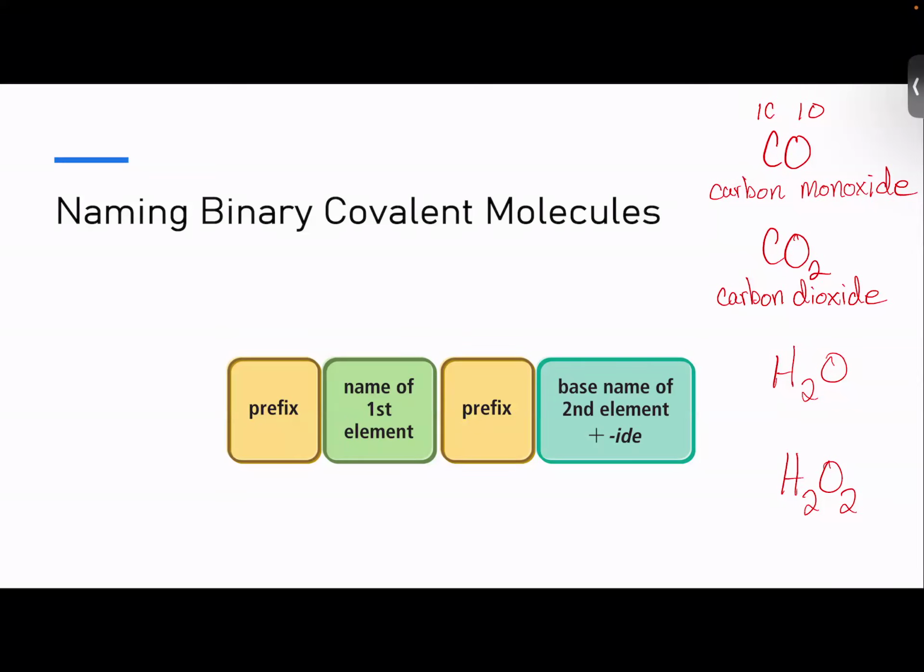You're not using prefixes in ionic compounds. You're not going to use prefixes on the alkanes, which I'm going to discuss here in a minute. You're not going to use prefixes on the diatomic elements. The only time you are to use prefixes is for the binary covalent molecules.